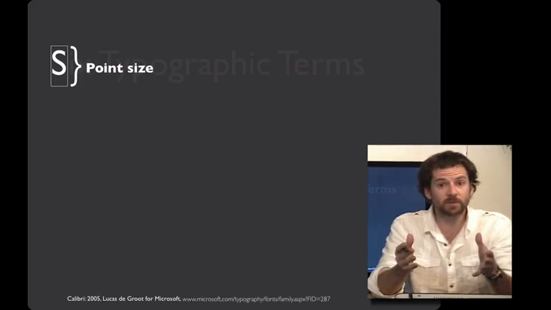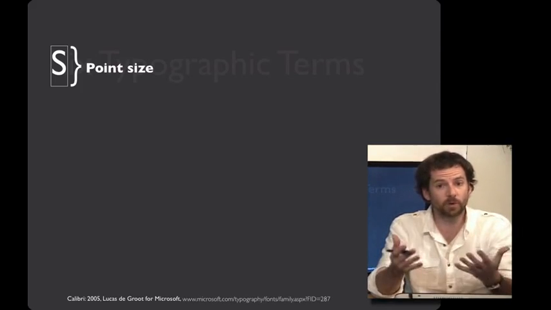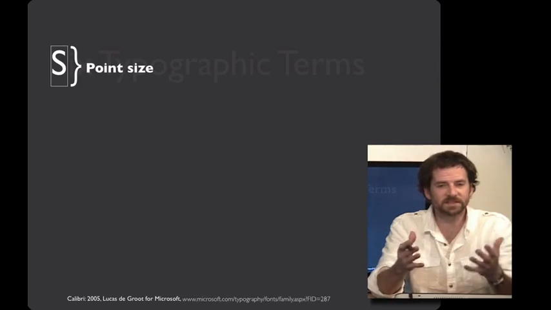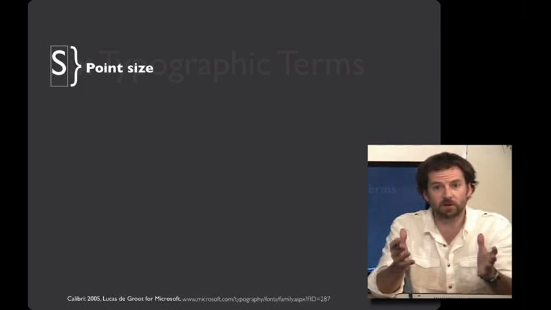One term you may be familiar with from using on your computer is the point size or the font size. And what's notable about this is it seems like a number that ought to be set in stone and consistent across all typefaces, but it's really not.